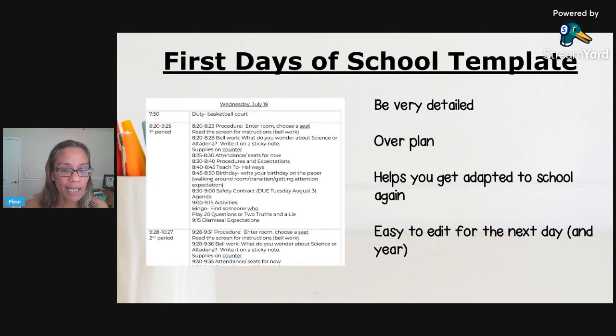If you look where it says 9 to 9:15, I have three different activities listed, depending on how much time there is. I have my find someone who, we can play 20 questions, or 2 truths and a lie. 20 questions is fun. They love this. Here's what I do for 20 questions. I pick a kid and they come up, and I write something on the whiteboard, like bear, a noun.